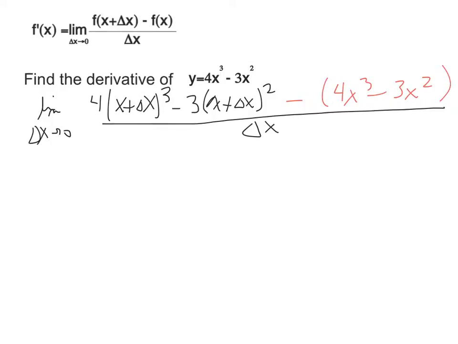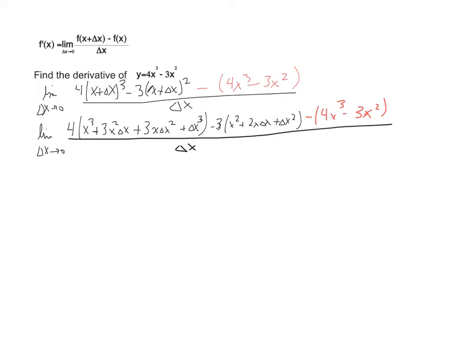Okay, so take a minute to expand that. Multiply this all out. See what you can combine on the top and get to cancel out. And then see if you can factor out a delta x so we can get rid of this down here.